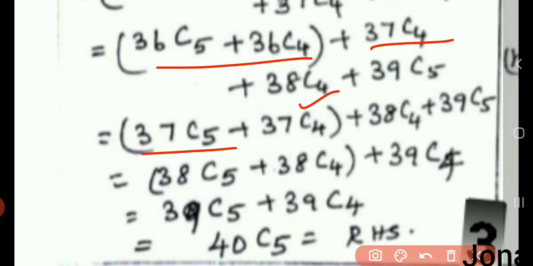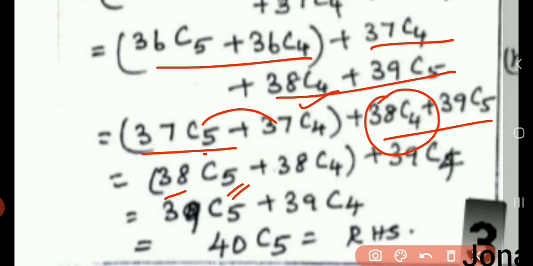Keep the remaining things as they are. These two things I kept already like this. And then by using the same formula, n plus 1 is 38 and r is 5, so 38C5. Along with this I want to group this 38C4, that is here. Keep this 39C5 as it is.